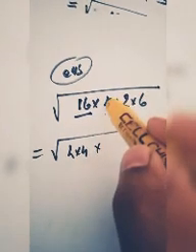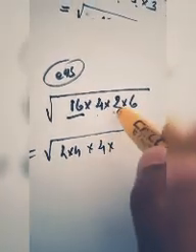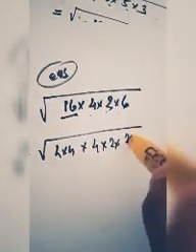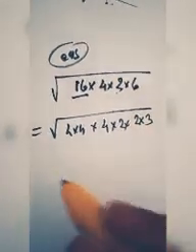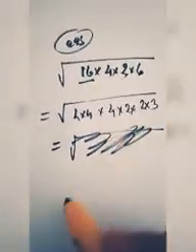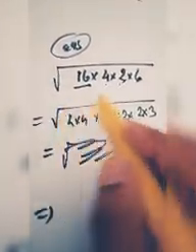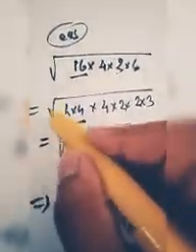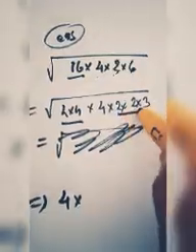Then this 4 I maintain as it is. Then this 2 I maintain as it is. Instead of this 6, I write 2 into 3. You will get the advantage now. What will be the advantage? What is the square root of 4 into 4? 4. What is the square root of 2 into 2? 2.